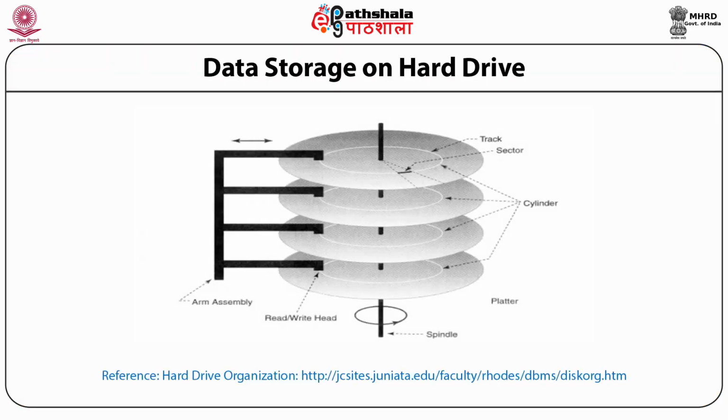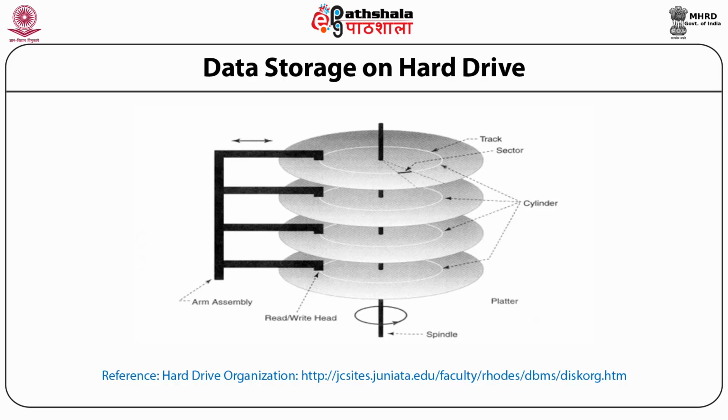Data storage on hard drive. This is the diagrammatic representation of a typical hard drive a computer has. You can see in this image we have a series of disks put on a spindle, one after the other, and these disks have sectors and cylinders.